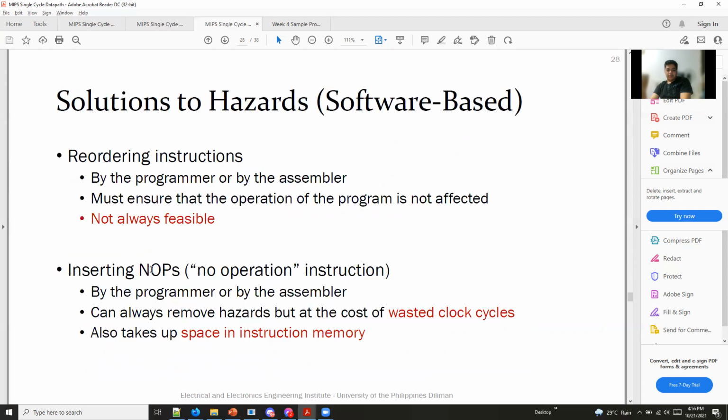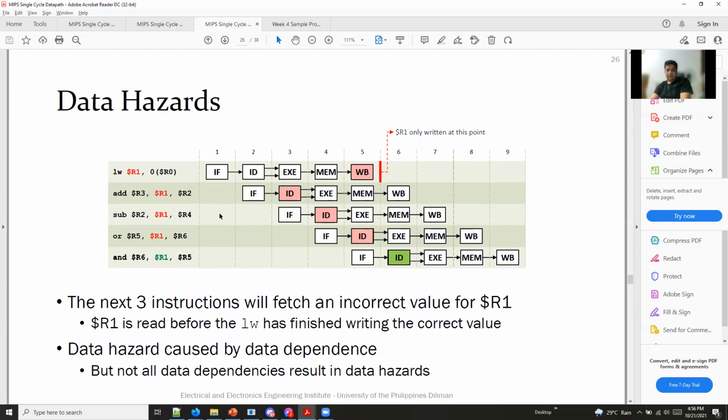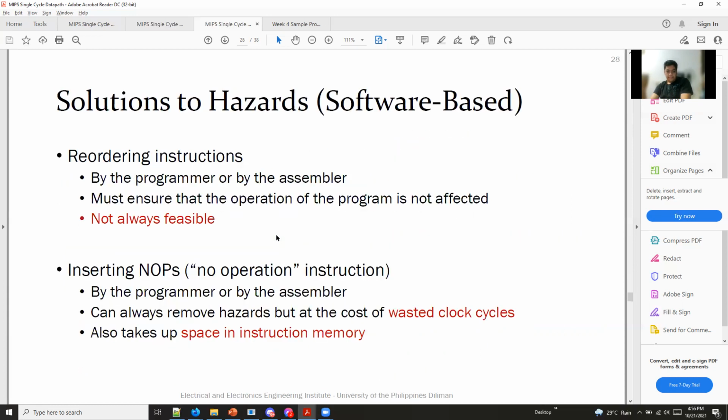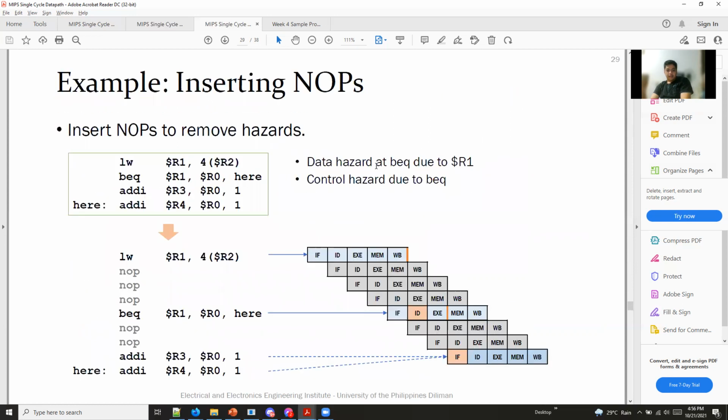Or similarly, pwede kang maglagay ng no operation. So, parang 5 cycles siya walang gagawin. So, si load word maglagay ng 3 no operation para pagkatapos ng write back, tsaka pa lang magsa-start yung instruction decode ni BQ.